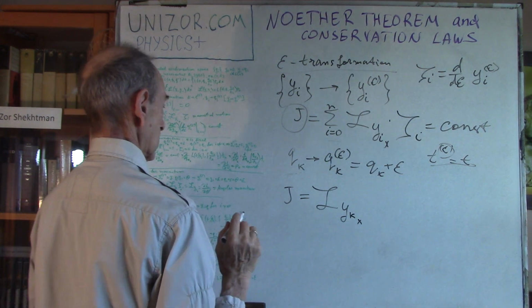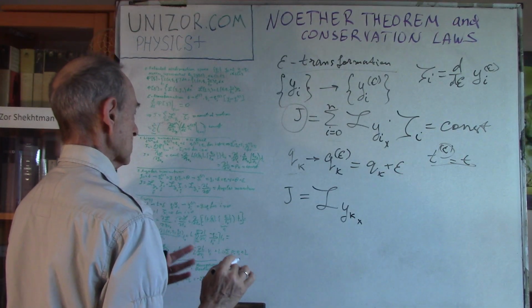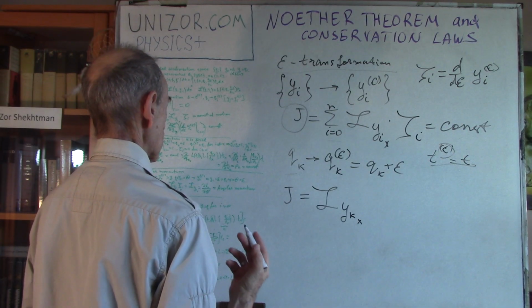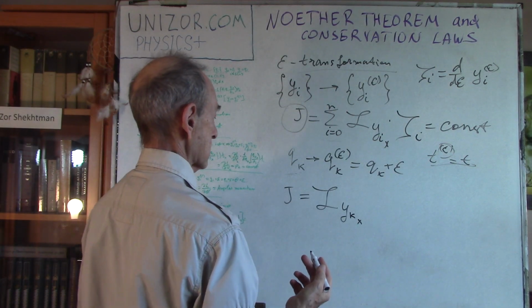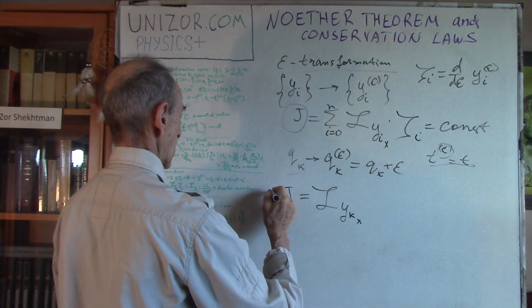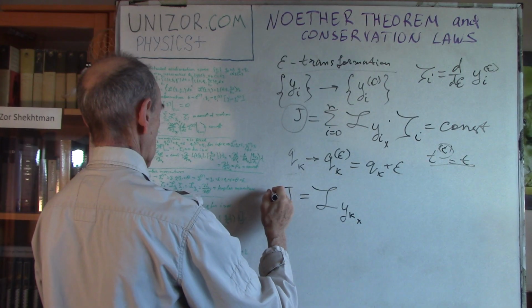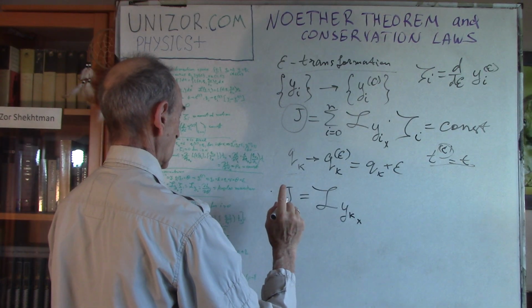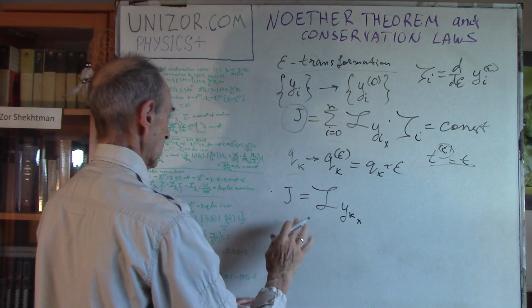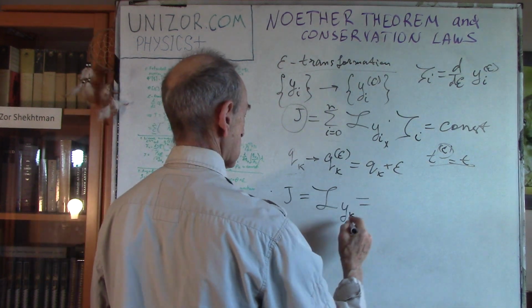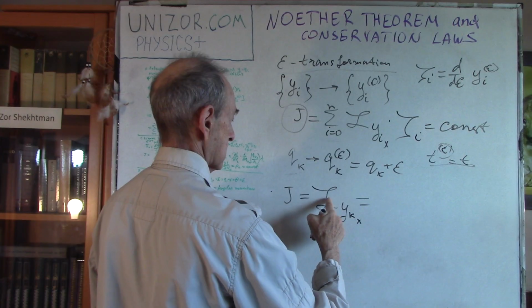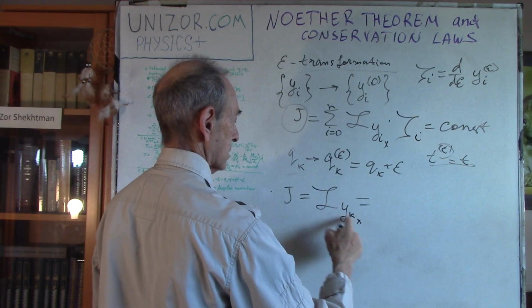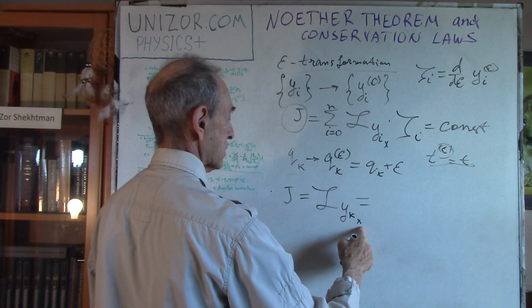Now, since this property is conserved, let's consider what it actually is: it's the derivative of L by y_k derivative by x.